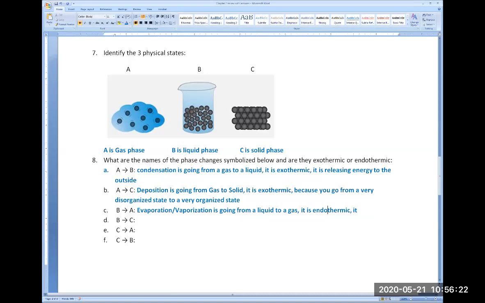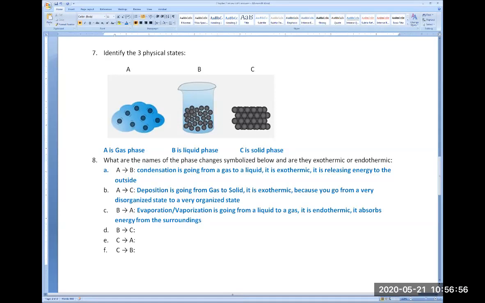Endo means inside, and saying it's endothermic, think about the substance itself. For the substance to go from a liquid to a gas, it needs to take energy inside. So endothermic means it will absorb energy from the surroundings and use that energy to go into the gas phase, because you need energy to go into the gas phase.